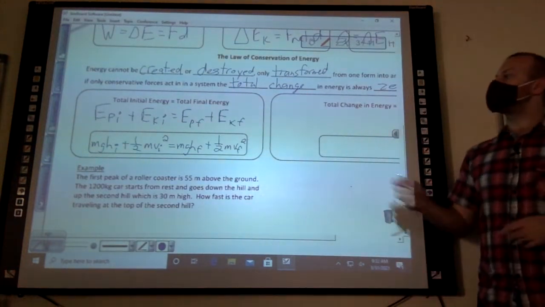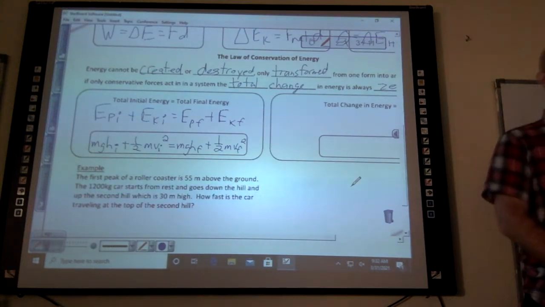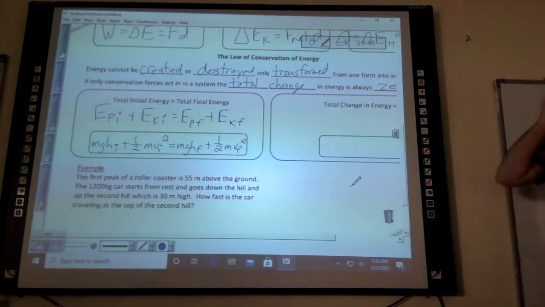So this is the total conservation of energy equation. We're going to slightly change it a little later, but this is what we've got so far.